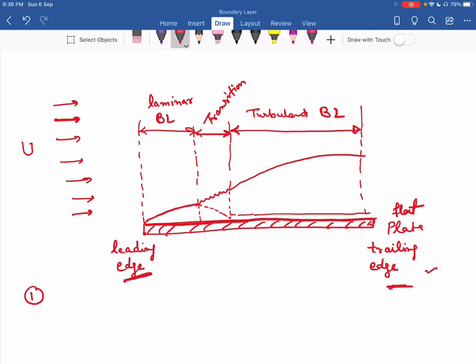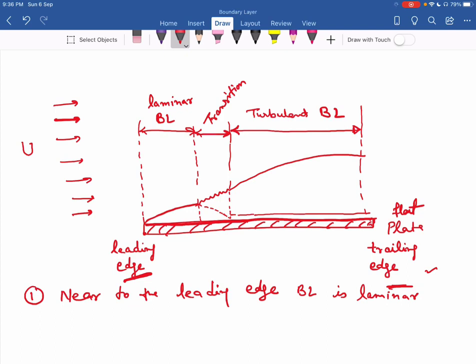Near the leading edge of the flat plate, the boundary layer is laminar, completely laminar.